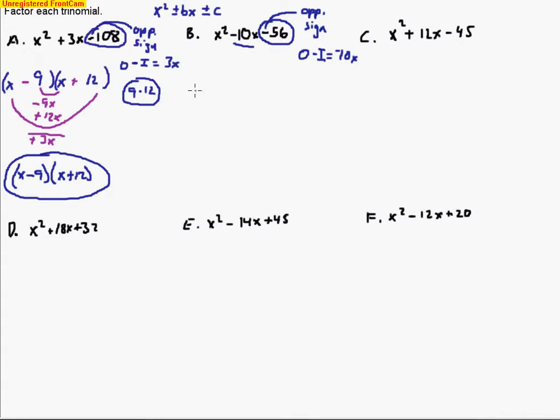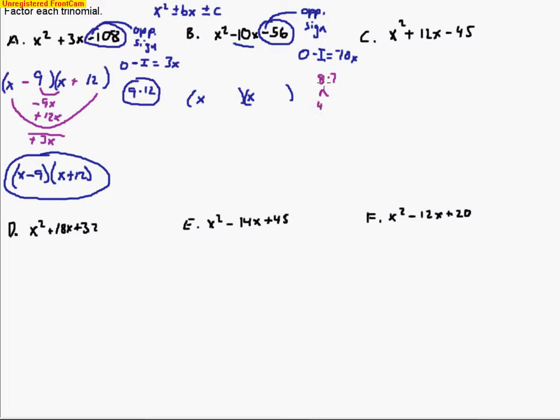So from there, we can go ahead and draw our parentheses, put in our x and x that multiply to make x squared, and let's start thinking of some factors that make 56. Well, the ones I think of are 8 and 7. But I know 8 and 7 aren't going to work because those don't subtract to make 10. So what we need to do is break these numbers down.